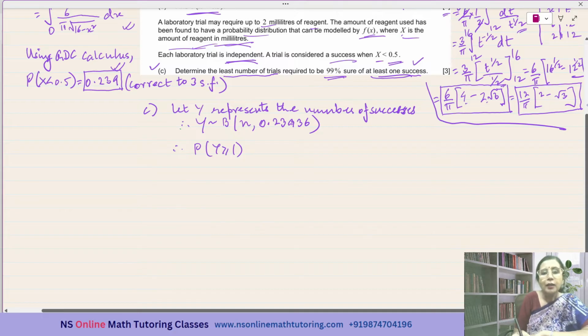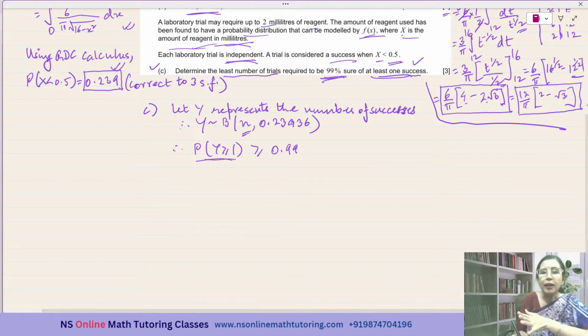This should be greater than or equal to 99% sure, which expressed in decimal is 0.99. And how do we get this? Even though we have the calculator, since we do not know the value of n, which is what we have to find, we cannot use the calculator.